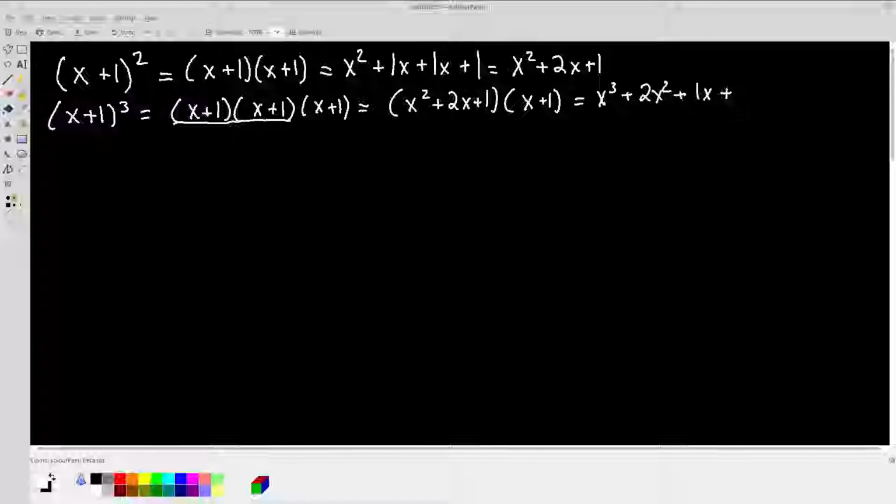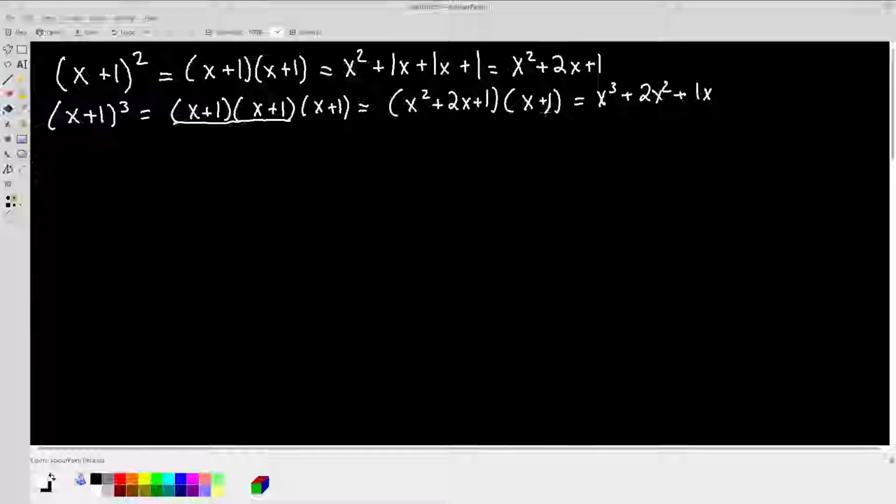A lot of times, instead of doing it all the way out to the left like this, I used to cheat as a youngster. Let me erase some of this. I would simply write each product below the term: x times x squared is x cubed, x times 2x is 2x squared, x times 1 is 1x.